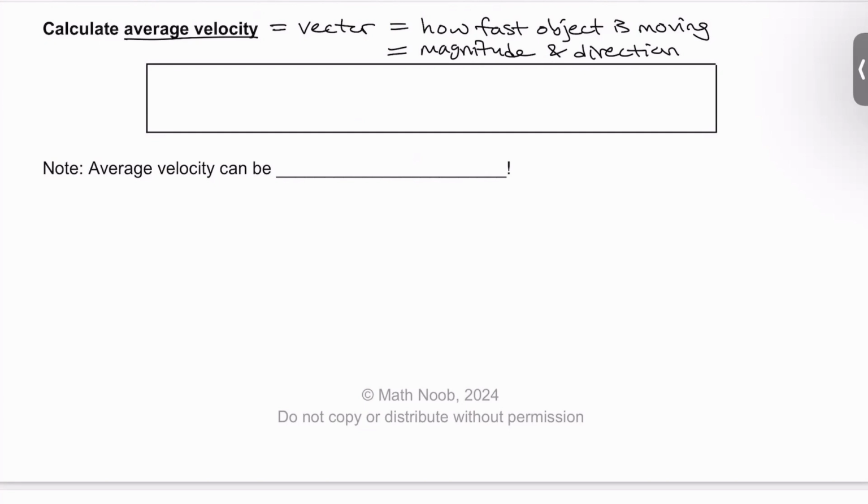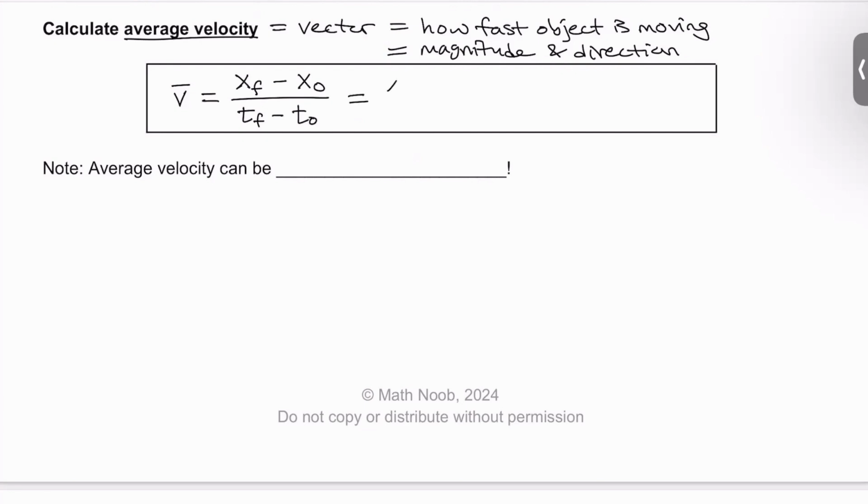Our formula for average velocity is going to be denoted with this x with a bar, v with a bar. That just means average. And it's going to be the final position minus initial position over the final time minus the initial time.